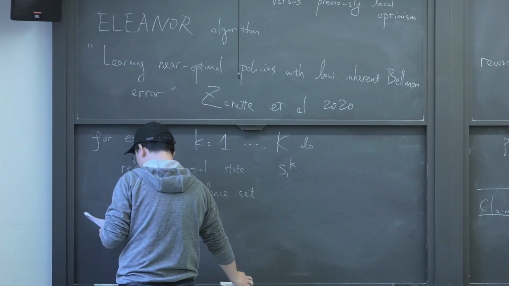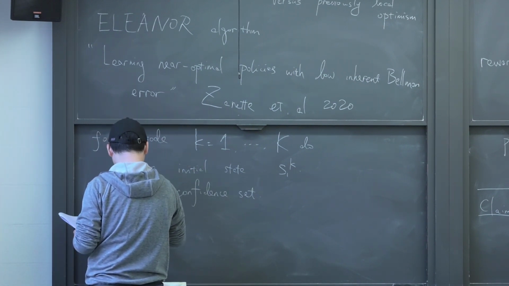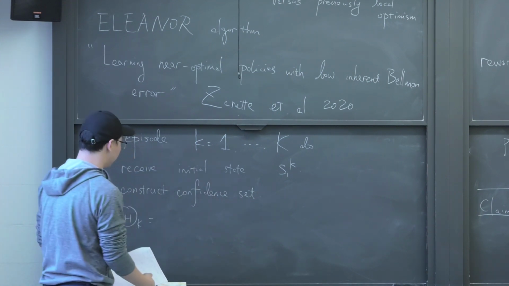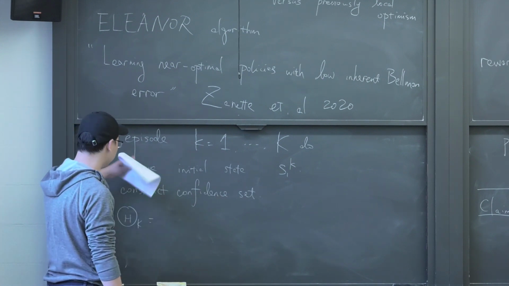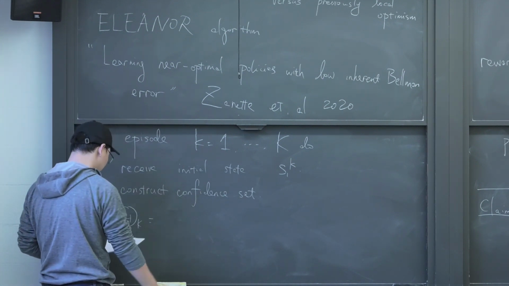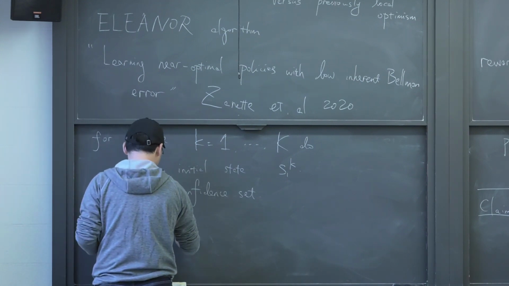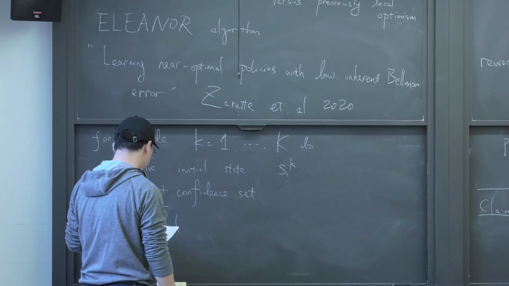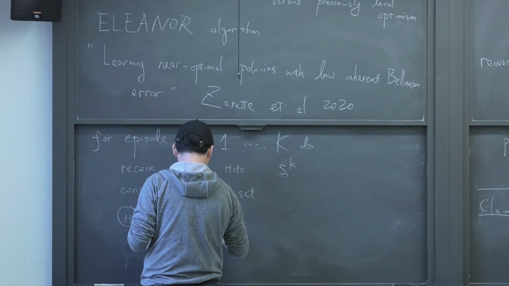The confidence set is a set of theta parameters. We have one confidence set per episode, so this is the confidence set we construct at the k-th episode. The confidence set is a set of weight vectors for values, theta_1 bar to theta_H bar.